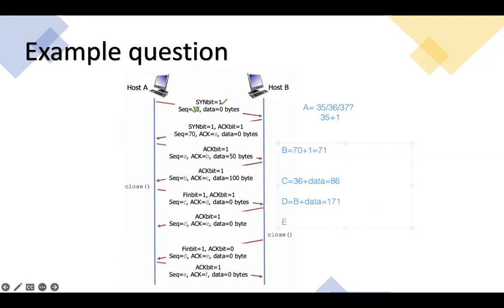And E here will equal to the sequence number C plus the number of data. And we can see there's no data here, right? Because this one is a SYN. Then we need to add a SYN here. So it will be 87.